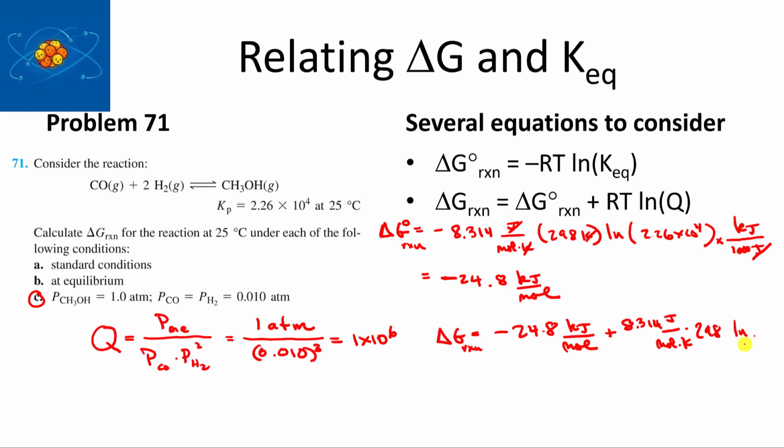I can't quite fit it in here, so I'm just going to write it down here. And then I'm going to convert it over to joules. There's 1,000 joules per kilojoule.